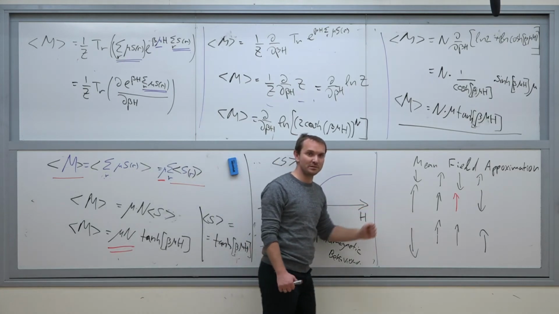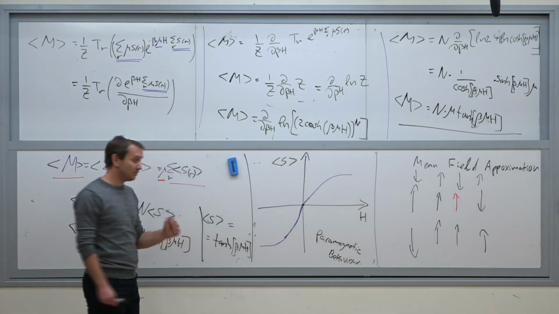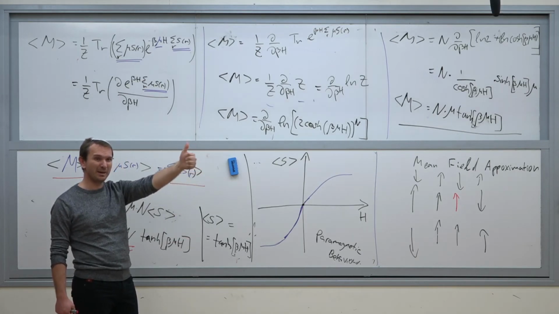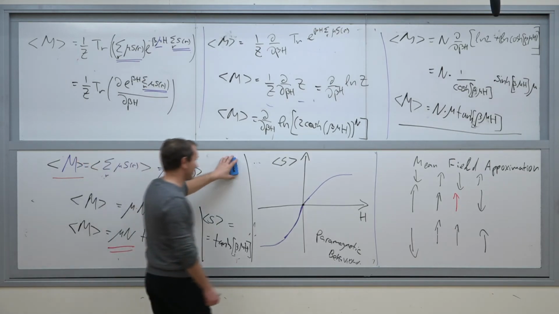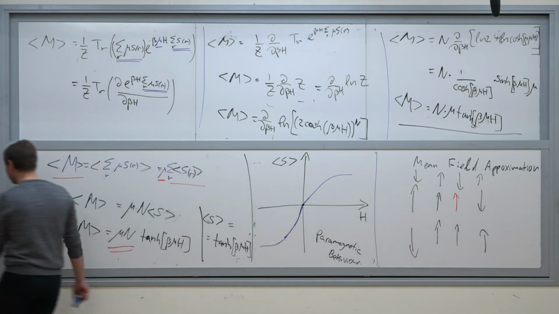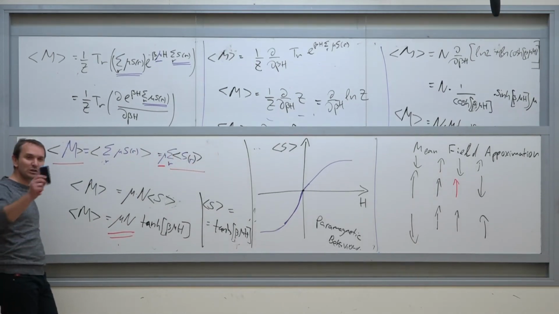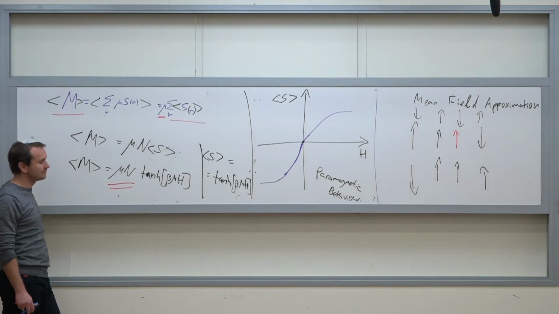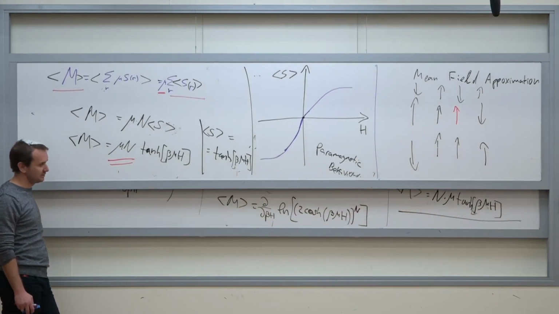Let's see how it happens in the math on the board. But the idea is, let's replace the effect of a particle by its mean effect. This is why it's called the mean field approximation. Instead of taking the real field of each spin, I'm taking only its mean field. Mean, I mean average.